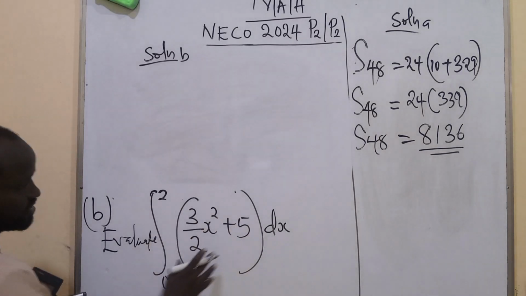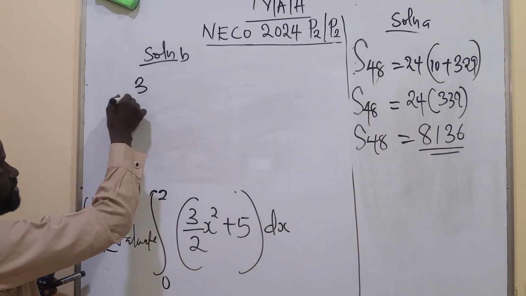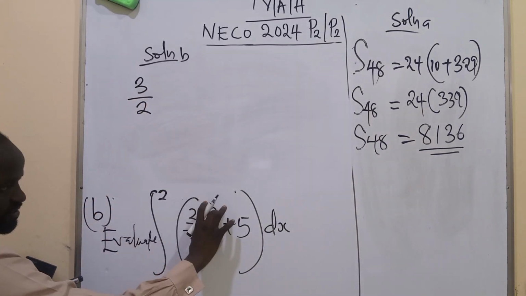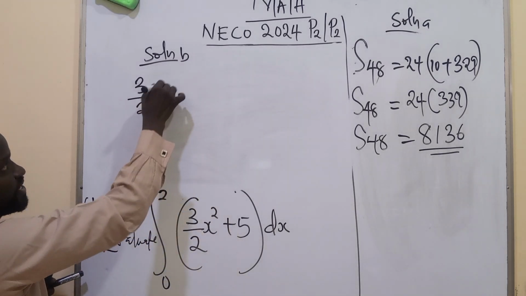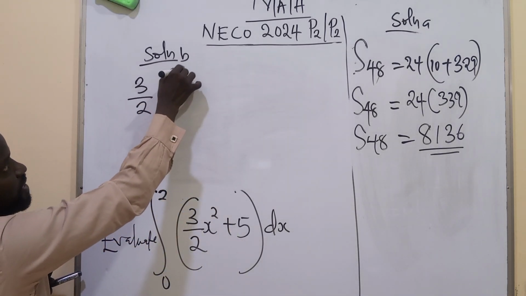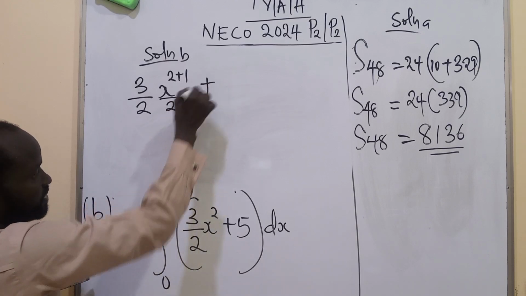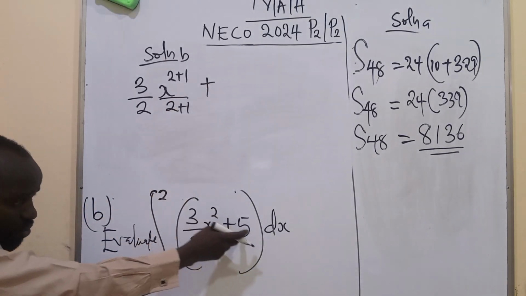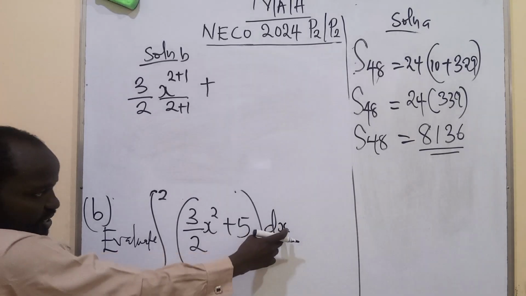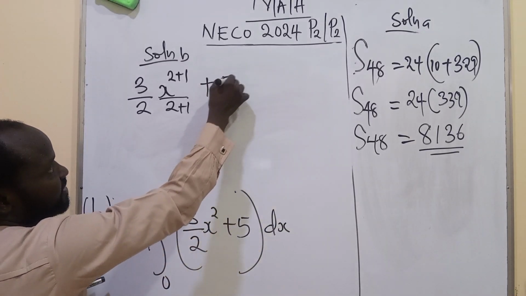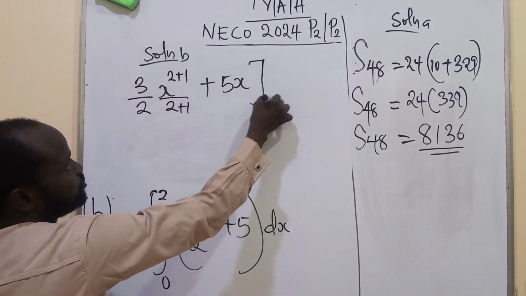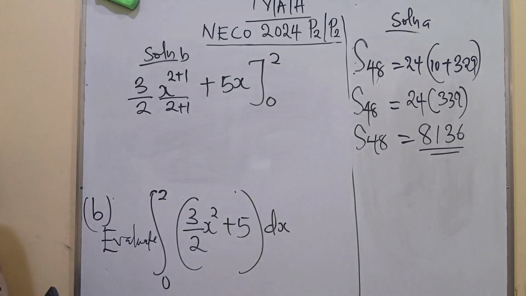Okay, so let's integrate this separately. I have 3 divided by 2, and for this x squared, we increase the power by 1 and we use the new power to divide. That's 2 plus 1, plus the integral of this constant 5 with respect to x will be 5x. Then we write down the limit 0 to 2.